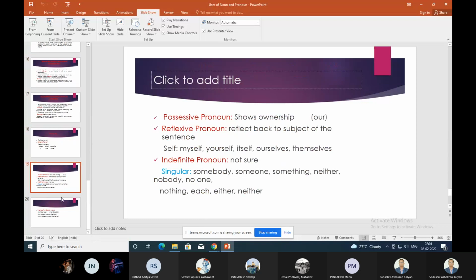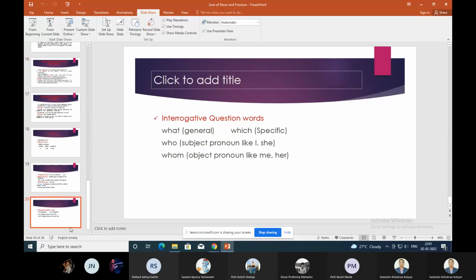And we want to always keep in mind that all these indefinite pronouns, words like somebody, someone, something, neither, nobody, no one, nothing, either, are always singular. And the last type of pronoun that we studied is the interrogative question words. So is it clear to all of you what is meant by noun and all the types of nouns which we have studied here?